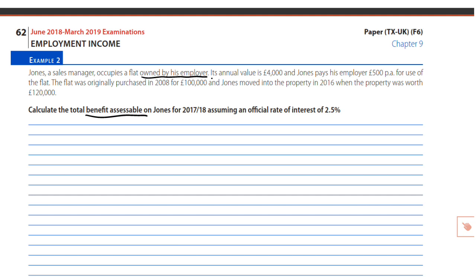They own it there. So we want to know the annual value. Well, we don't have to wait long. There is the annual value, £4,000. And Jones, this is the employee, pays his employer £500 per annum for the use of the flat. So not very much, but some rent is being paid by the employee to the employer.